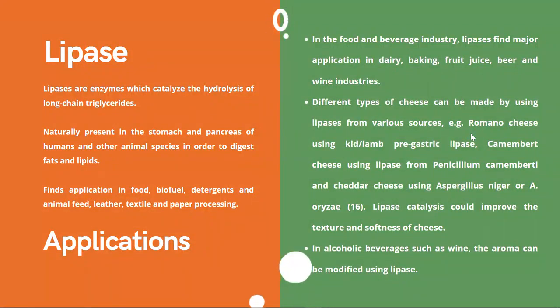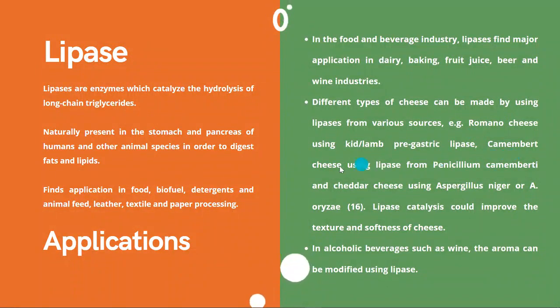They are the pioneers in cheese making. So this Romano cheese is majorly from Europe, and the lipase enzyme is procured from the lamb. Everyone knows what a lamb is, right? So from the pre-gastric juice, lipase is obtained and Romano cheese is made.